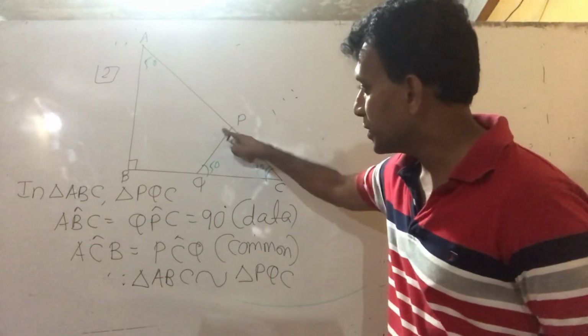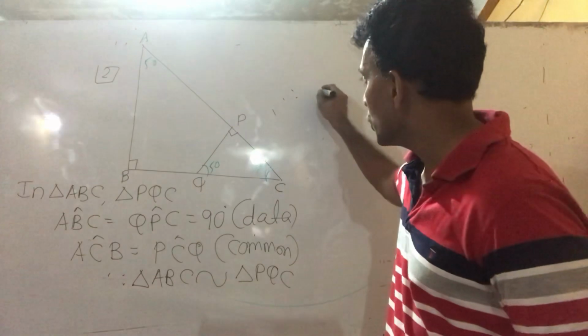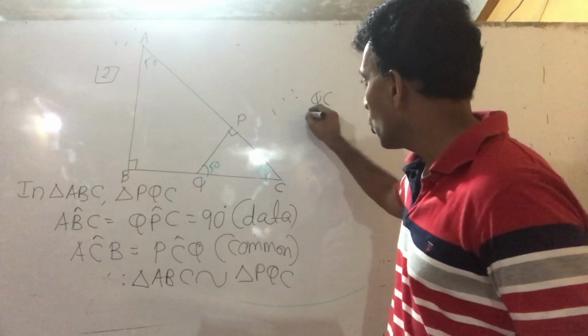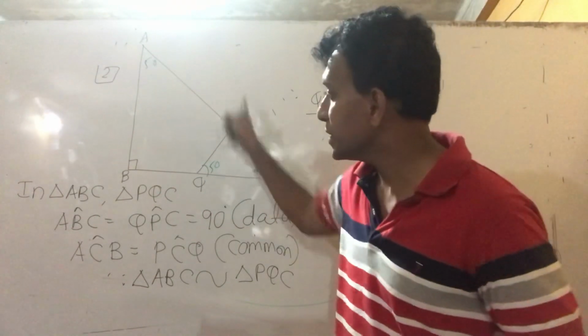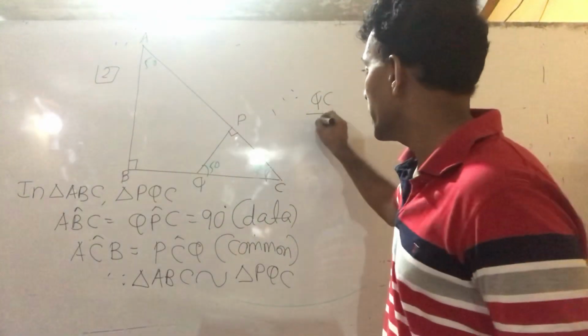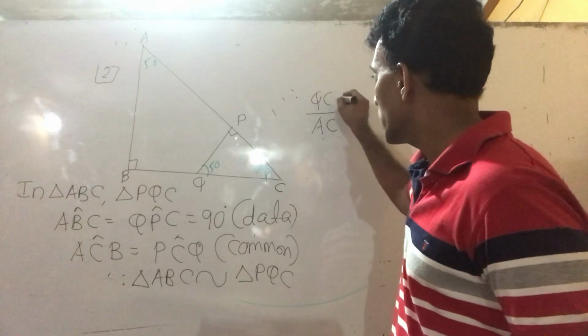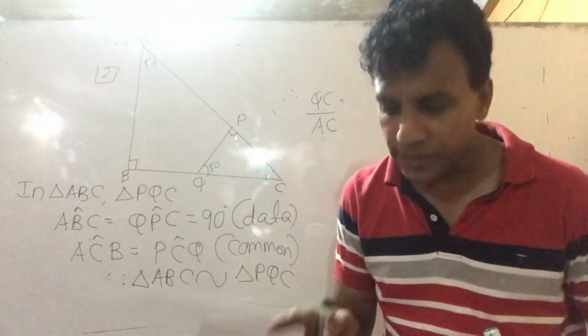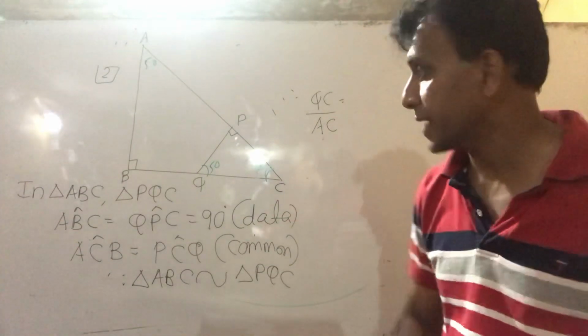Therefore, take this 90 opposite QC; over here 90 opposite AC, okay, QC over AC equal. With the answer decide. Next PQ, they shown PQ.